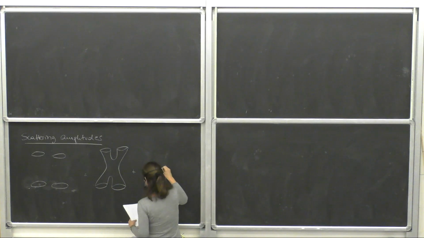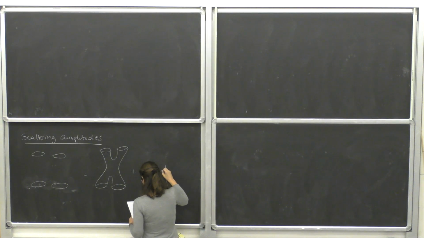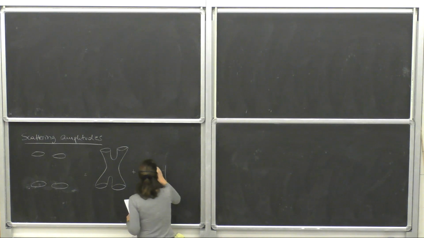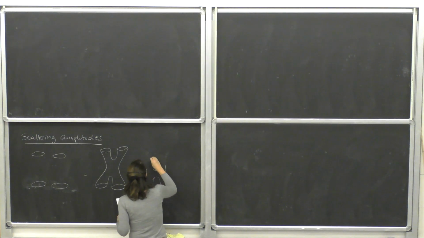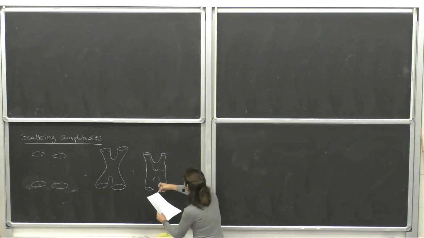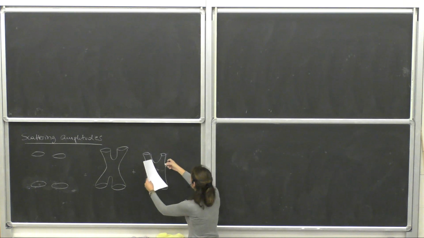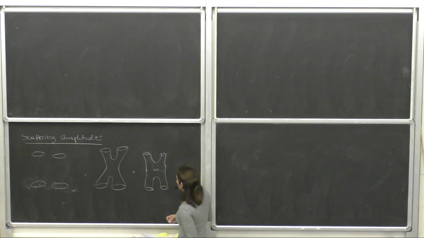And I'm very bad at drawing. I should have started from the open string where the drawings are simpler. So here now this intermediate string is decomposing into 2 and then combining again into 1.